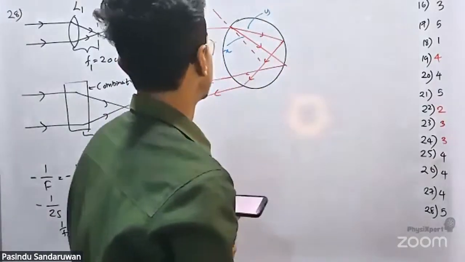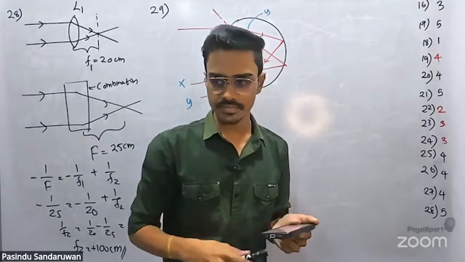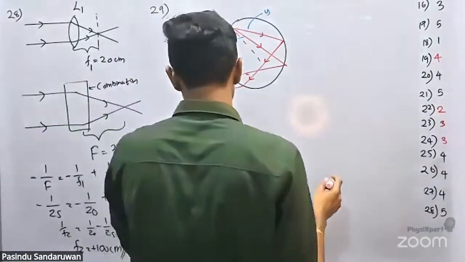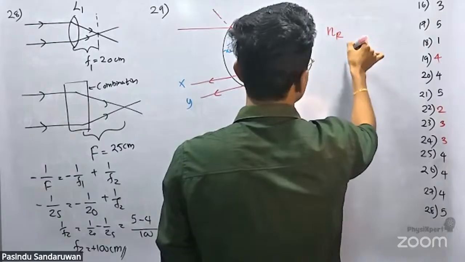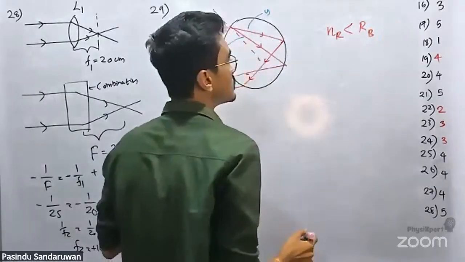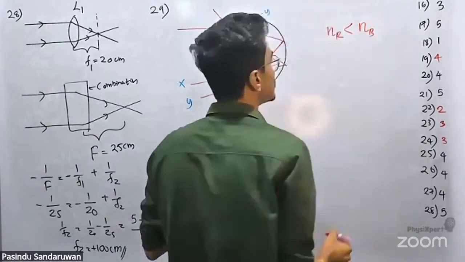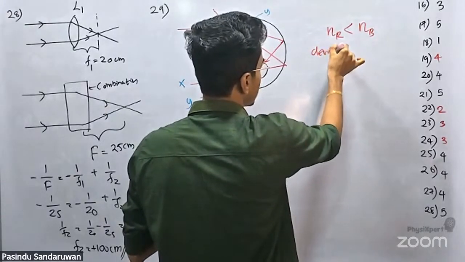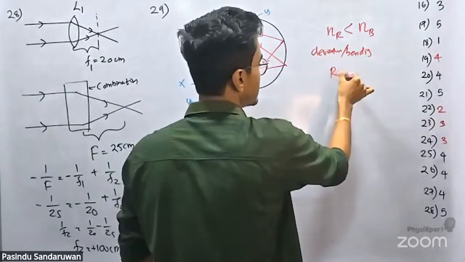We had a question on color dispersion in the last step as well. When we compare red and blue, the refractive index of red is less than the refractive index of blue, which means the bending of red is less than that of blue.